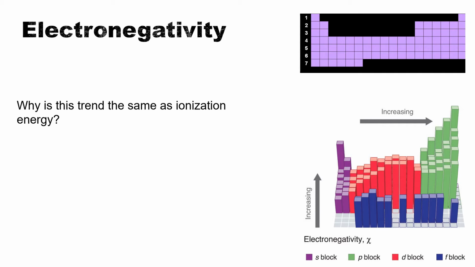So the next trend we're going to be looking at is called electronegativity. And electronegativity can be defined as the tendency of an atom to attract a bonding pair of electrons.